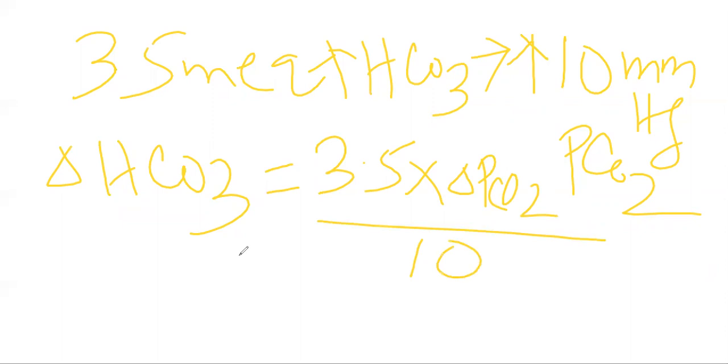And if the given bicarbonate value matches this equation, that means it is solely the compensatory mechanism. That means here you can write chronic respiratory acidosis along with the compensatory metabolic alkalosis.